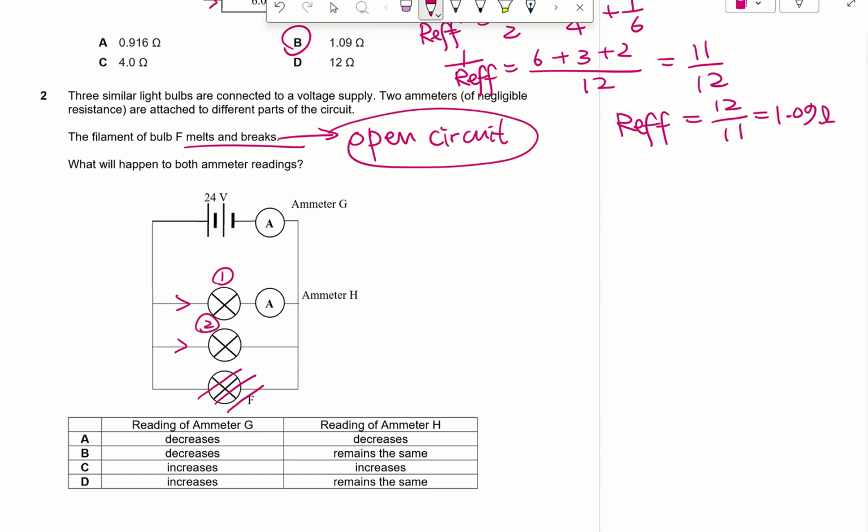Okay, so the current that is provided by the battery, because initially I have 3 paths that the current can flow through, but because this bulb is no longer working, no current can flow through, so I only have 2 paths. Current flows in the first path and the second path. Therefore my ammeter reading will get lesser. G will decrease, right? Because initially I have these 2.